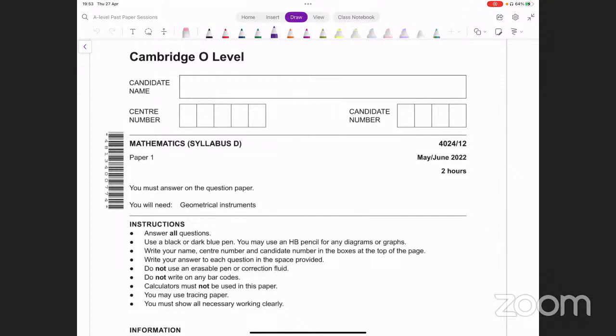You can find all of those solved papers there. And also, I've posted a number of other videos, links in the description as well, which are the relatively bigger topics that you have in O-levels. I've covered them in a few videos along with their past papers. You should find that content helpful as well.